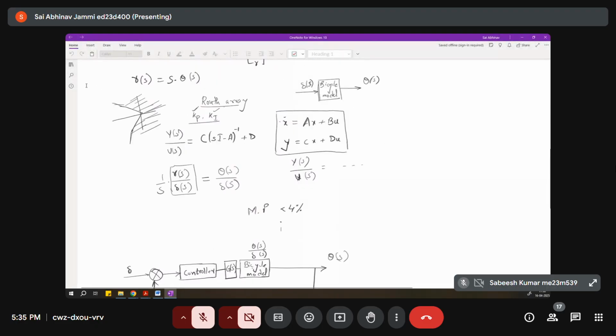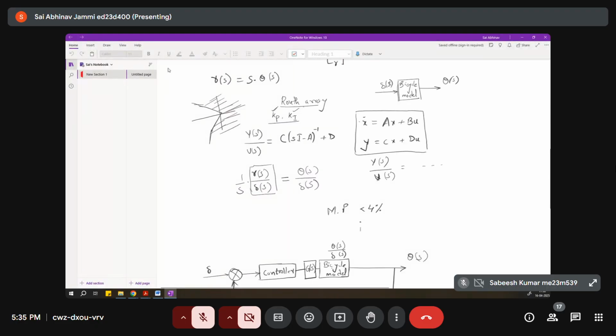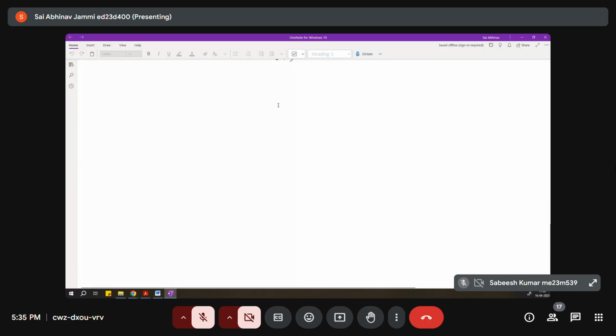I'll write it with the mouse only. Please forgive me. So the controller will be Kp plus Ki by S, right? This will be the transfer function of the controller once we have the PI controller.